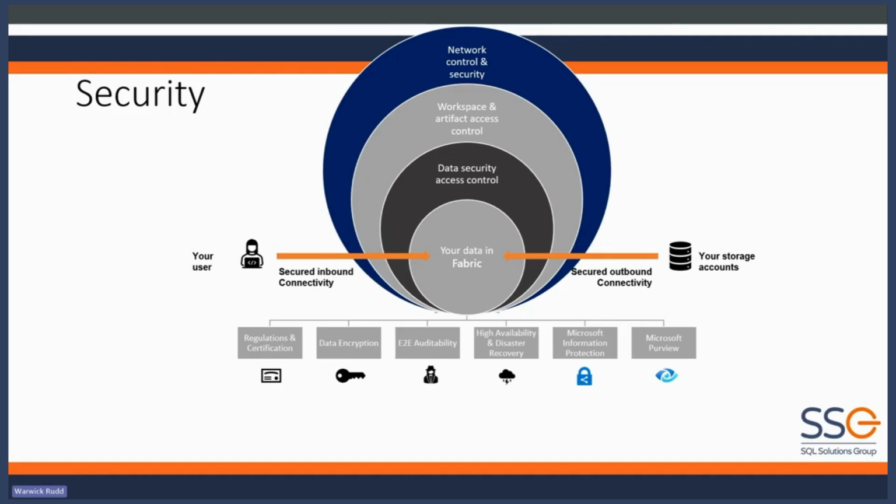And this is where, if you're a member and a contributor, you can use all of the items in the workspace, or if you're only a viewer, you can only see the items in that workspace. We then come down to the data security and access control, and that's where, from a Power BI point of view, it's using the row level security at that data level.